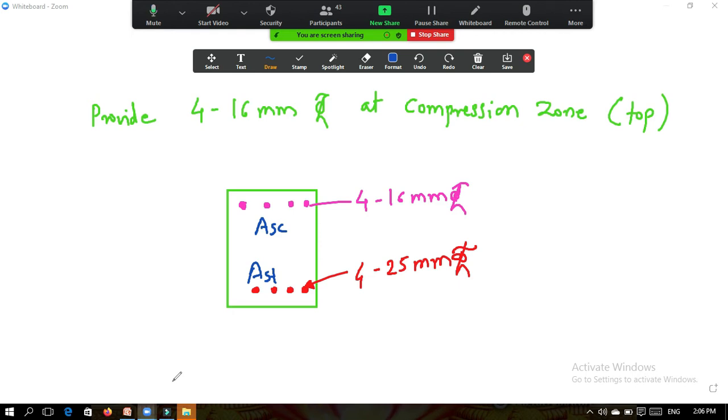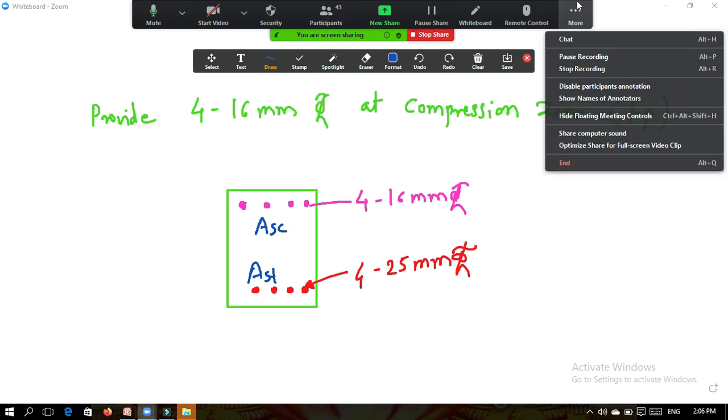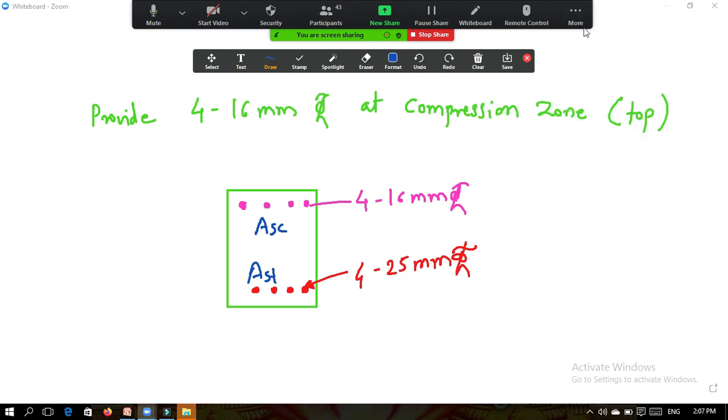If they told you to design the beam, then you have to go further. You should calculate the shear force, then check for shear, and after that check for development length also. Now we will go to the next problem. Have you drawn this diagram?